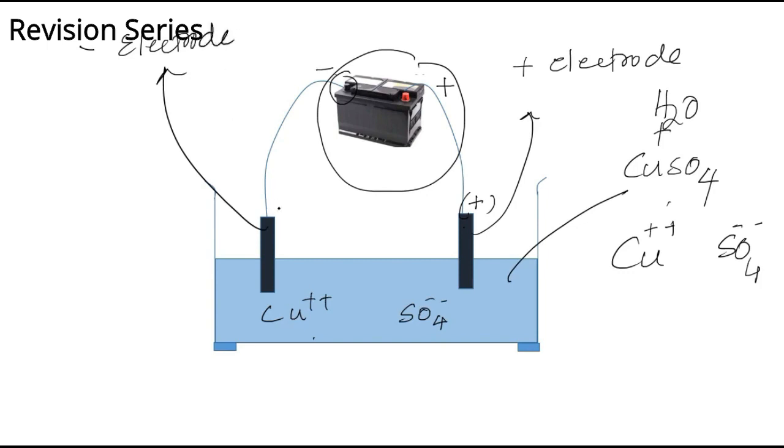That means negative charges are there on this, and on this positive charges are there, at both ends, down and on the top, right? Now the solution also contains positive charge and negative charge.